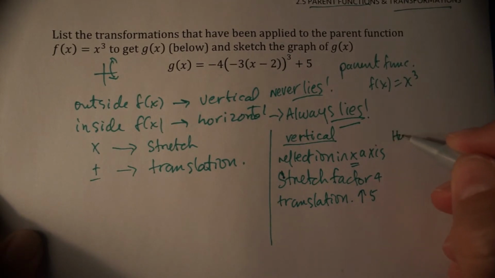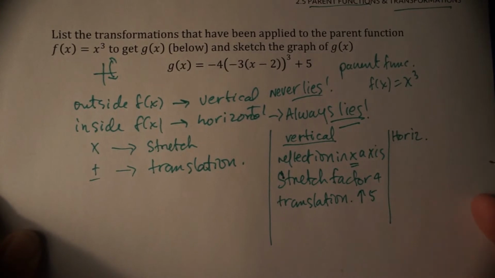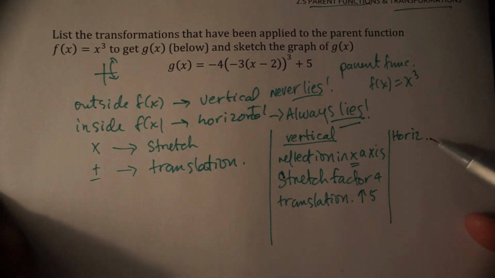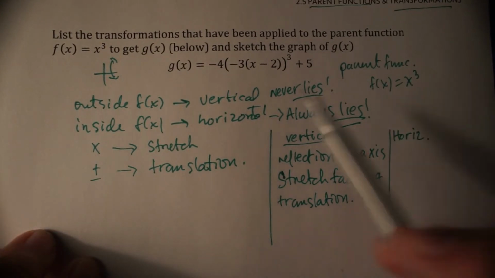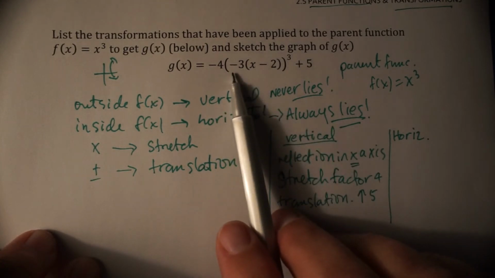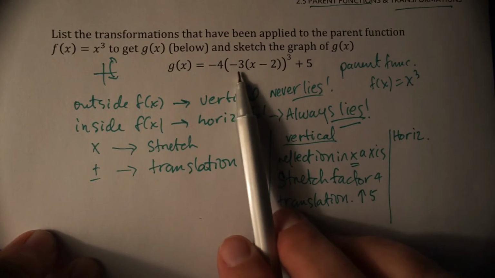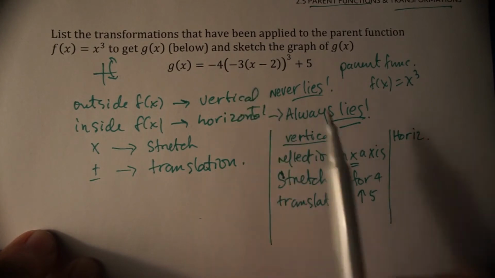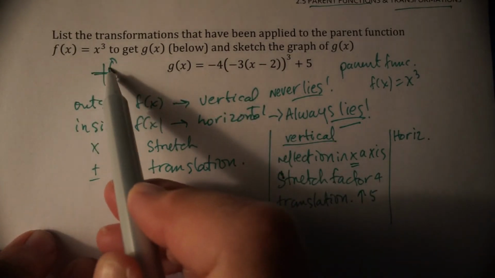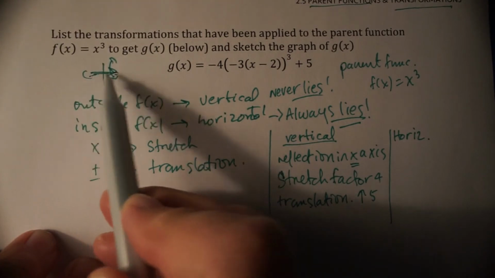Now horizontal, that's what's happening inside. Now remember, it's always lying, all except for the reflection. Reflection, you can't lie, it just flips back and forth. So the negative here with my 3 indicates that we have a horizontal reflection, which is reflecting things this way over the y-axis.